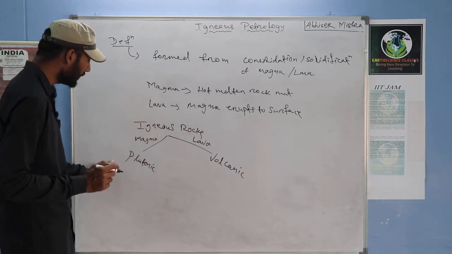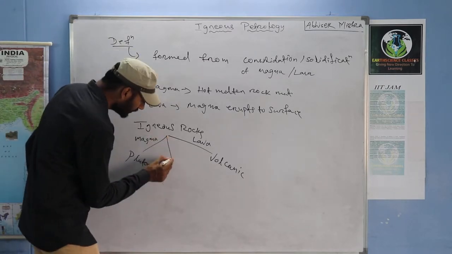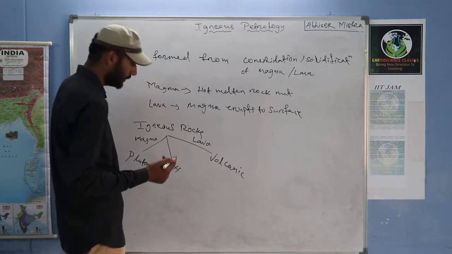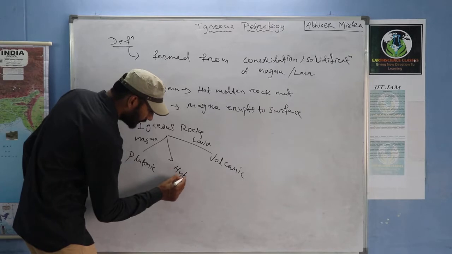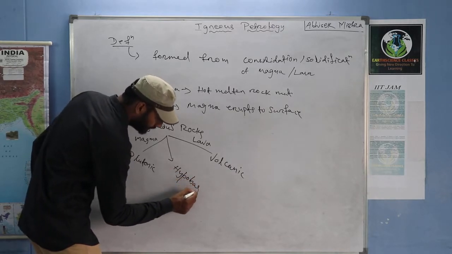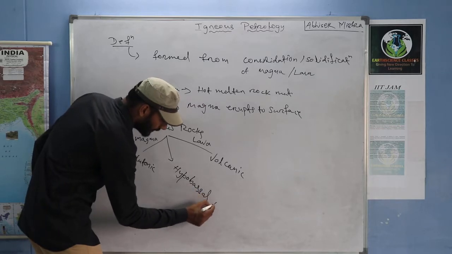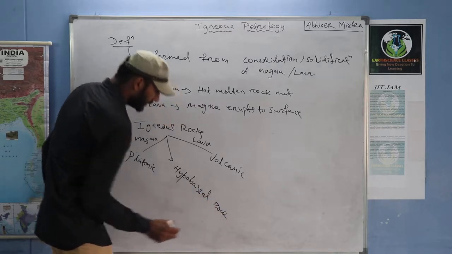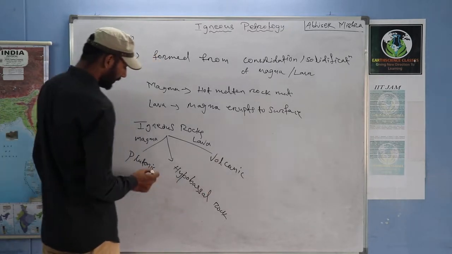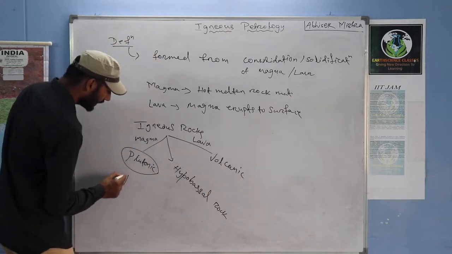Again, this plutonic, and there is one more rock type, one more group we can say, that is known as hypabyssal rock. So what does that mean? Plutonic, hypabyssal and volcanic. Plutonic means it is at greater depth.